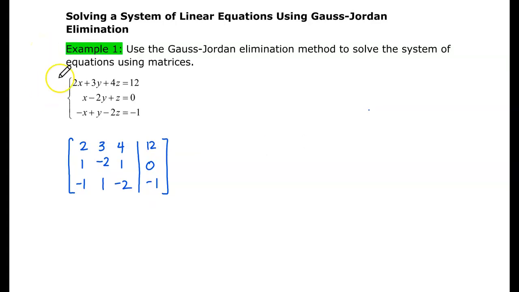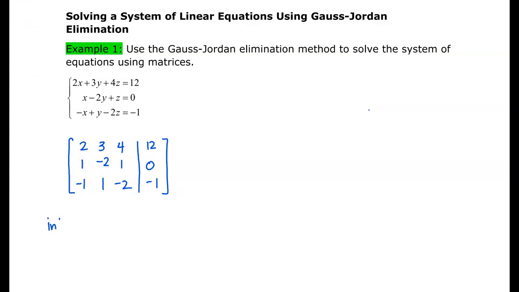Now, to systematically do that, our goal is to make the first entry, the first row, first column entry, equal to 1, and the rest below it 0. Since this is already equal to 1, maybe the first step is to just interchange the two rows here.